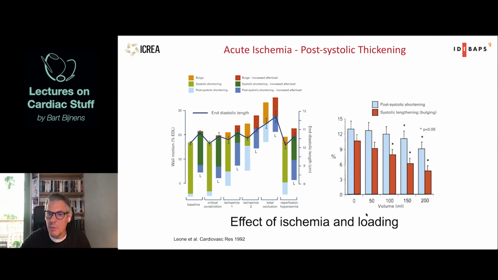But the main thing is that we said it is pressure dependent, and you will see that at least part of it is also volume dependent. And the volume is actually not so much related to the post-systolic, although if you have a lot of volume loading, you also get more post-systolic. But what you see is that the bulging part is actually more related to the volume, which of course you can imagine, because if you add volume, you start to stretch tissue.